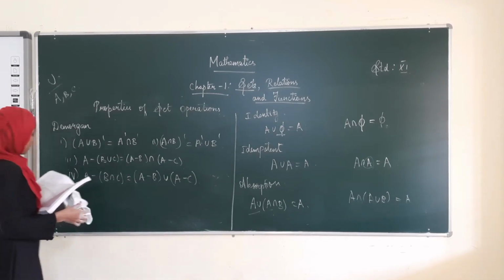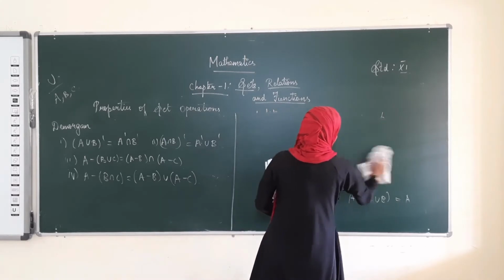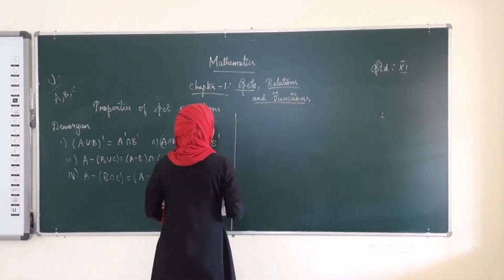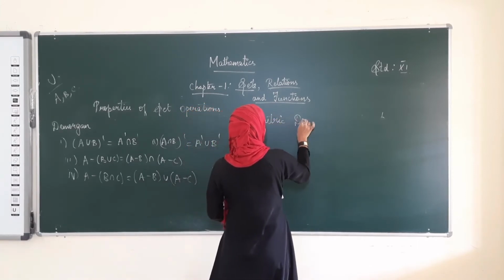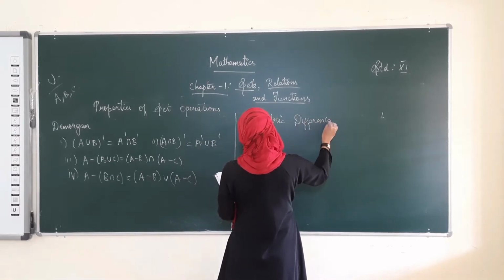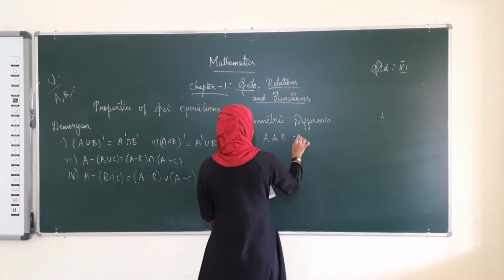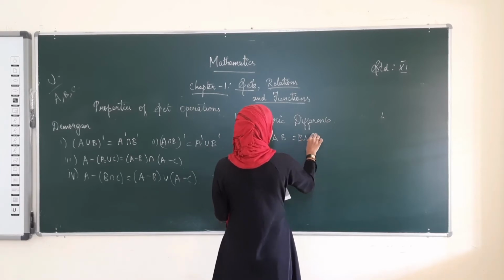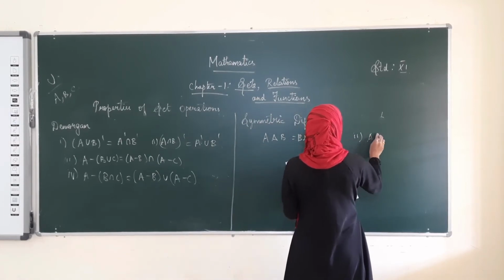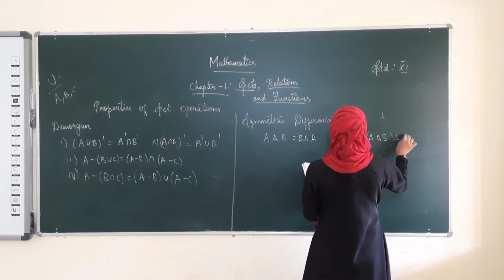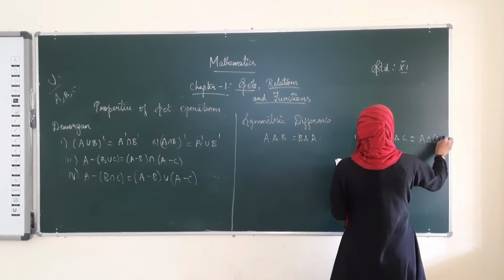Okay, next is symmetric difference. The properties using symmetric difference: A del B will be equal to B del A. The second property is (A del B) del C will be equal to A del (B del C).